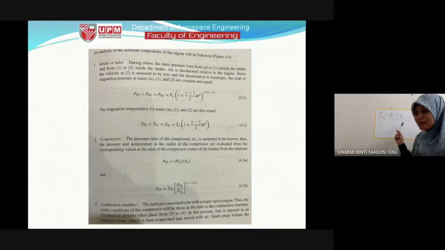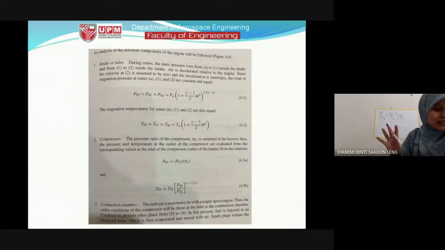Like I've explained just now, the pressure ratio is the ratio of the pressure at the outlet over inlet. So outlet is P total 3, and inlet is P total 2. So this is easy. Just multiply 60 just now. P total 2 is 60 kilopascal, multiply with 12.